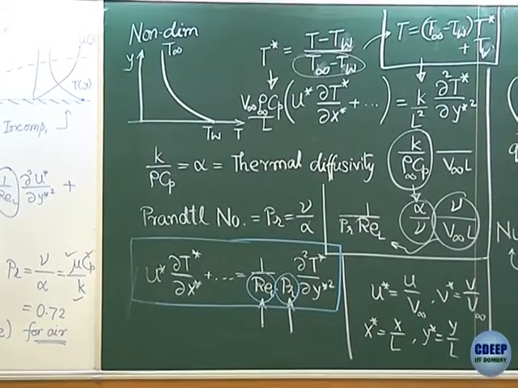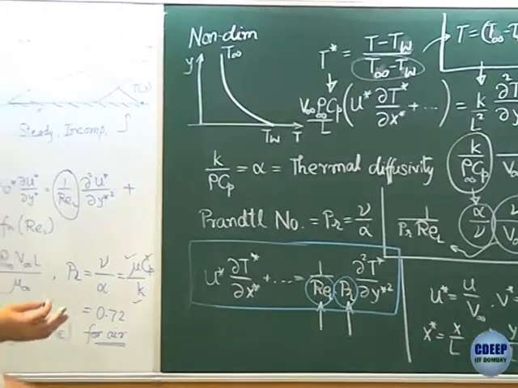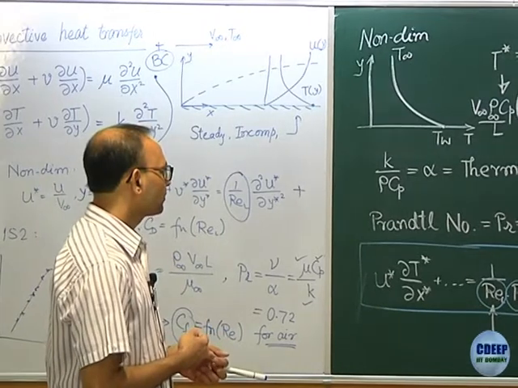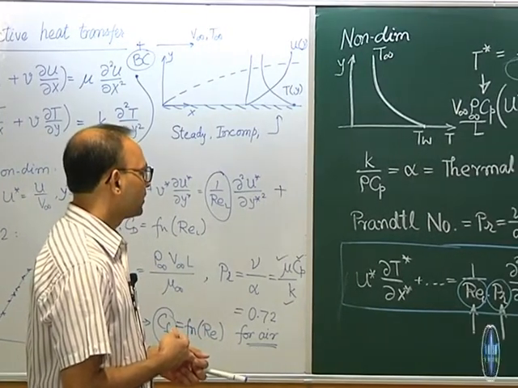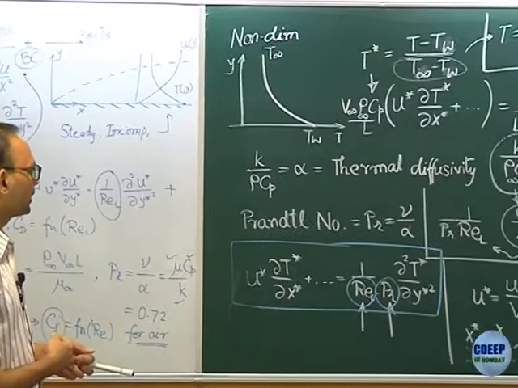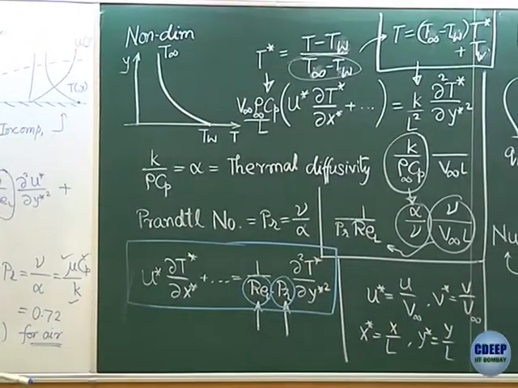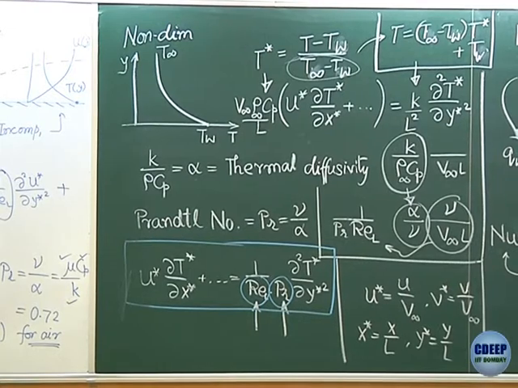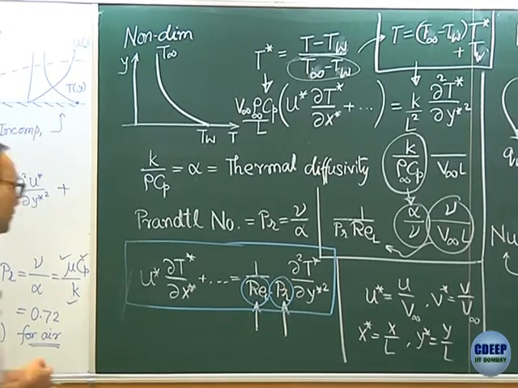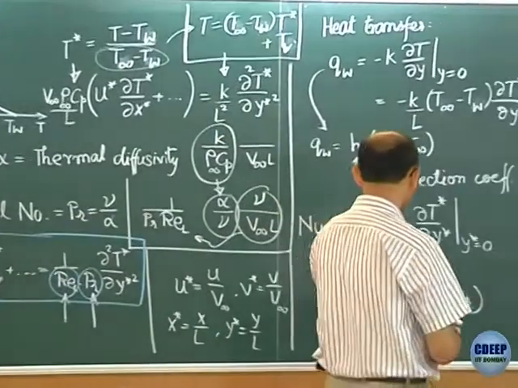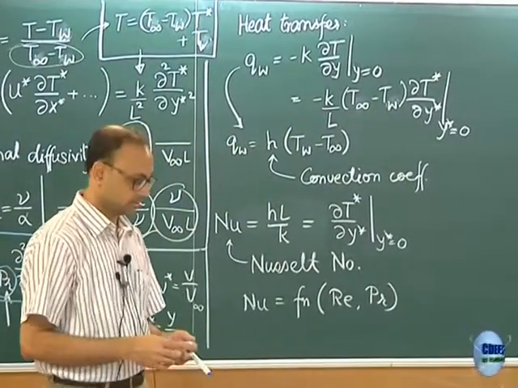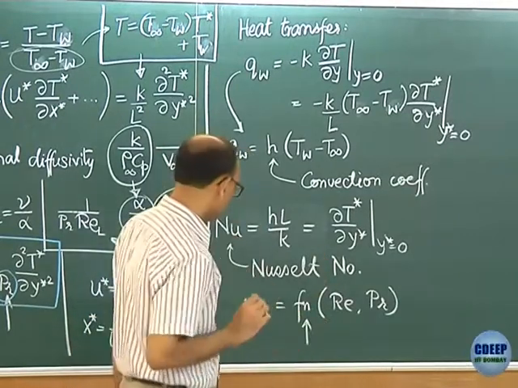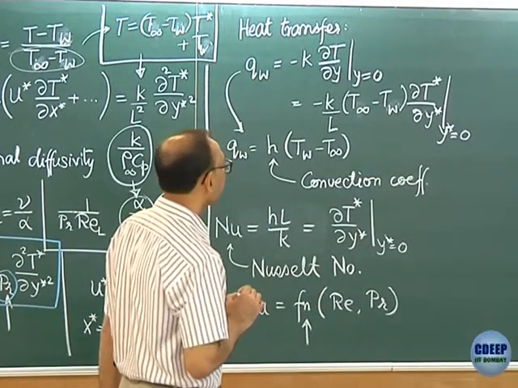Of course, if you are concerned only with air, Prandtl number will remain constant as far as the majority of our applications go. And if you get the value of Reynolds number, you can calculate Nusselt number. People have done this and given us this form of expression, where I am calling it a general function, but we have actual equations and the way we can compute it.